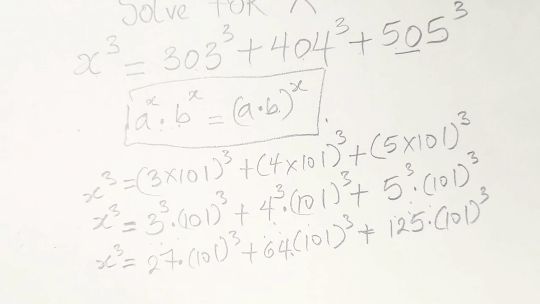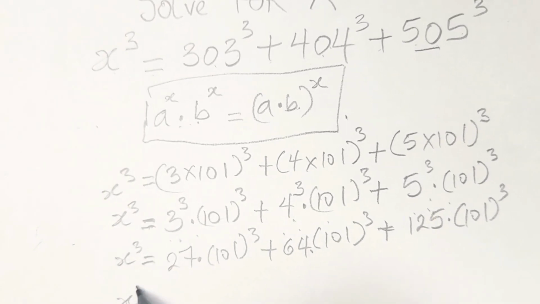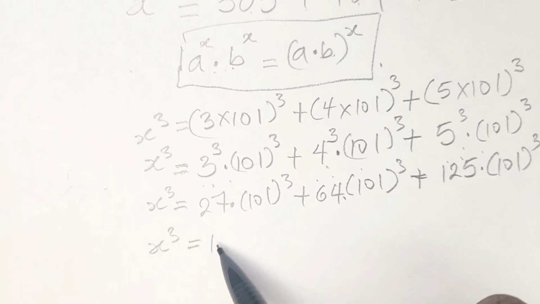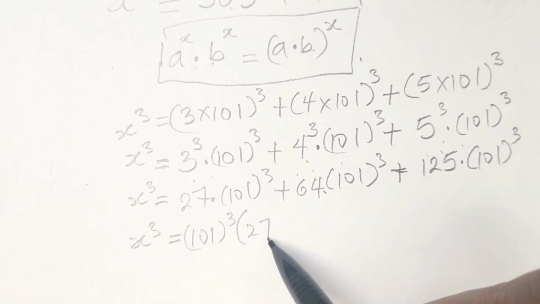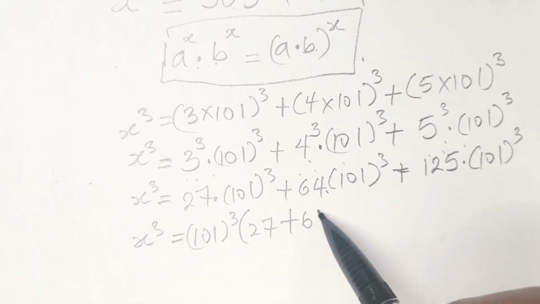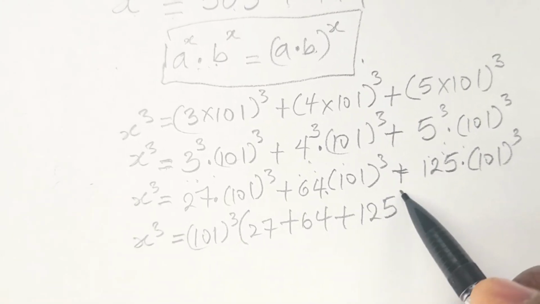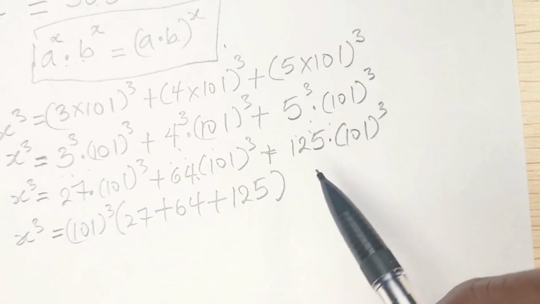Okay, so let's factor out 101 cubed. So this becomes 101 cubed times 27 plus 64 plus 125. All right, so let's add this up.